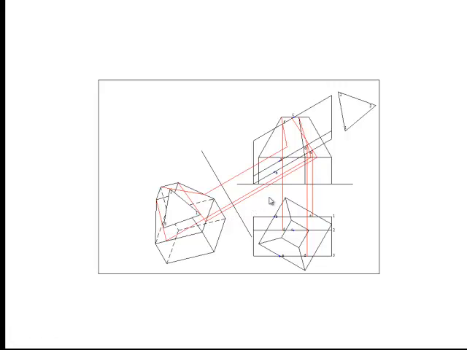We then project this line up till it meets the same line in elevation. We then project this line back up to where it is to be found at the top of the elevation.